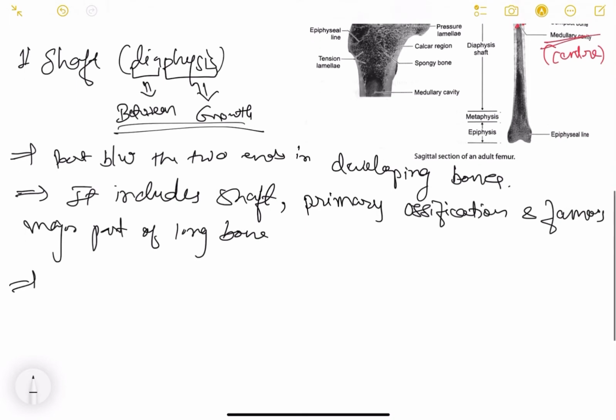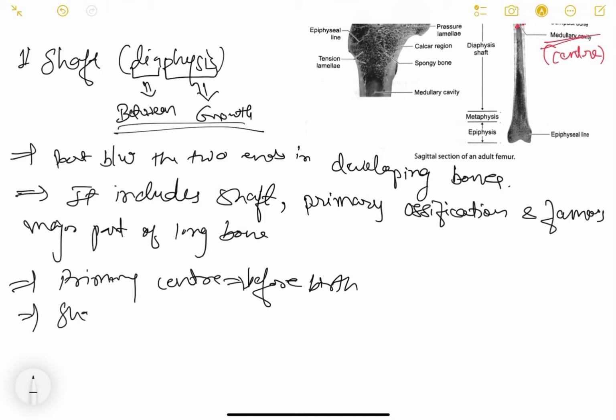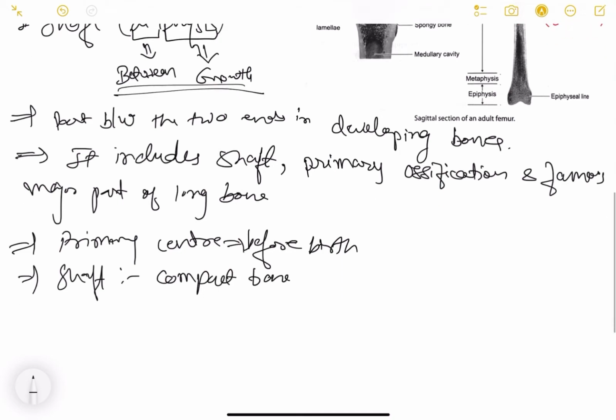And this primary center is formed before birth. So primary ossification is generally before birth. And the shaft of this diaphysis is composed of compact bone. This type of bone you will learn in this chapter in the next session.